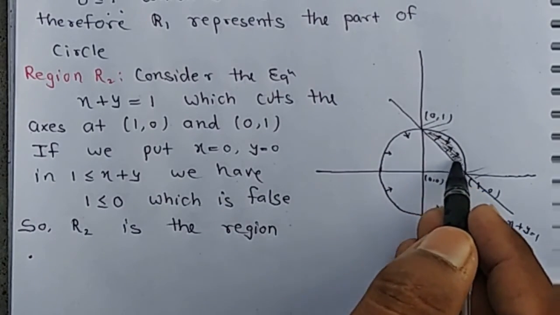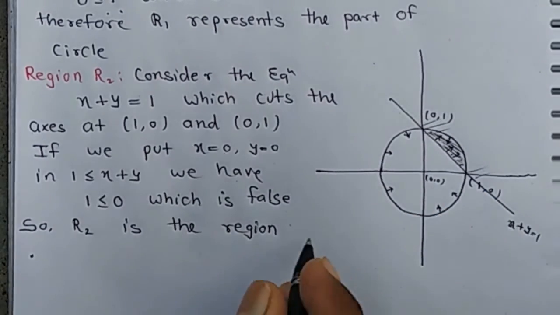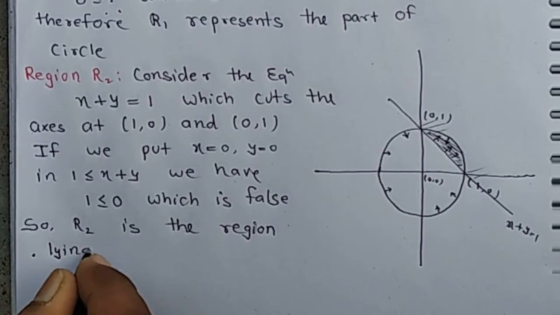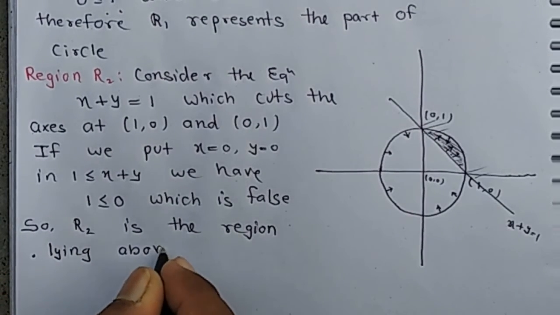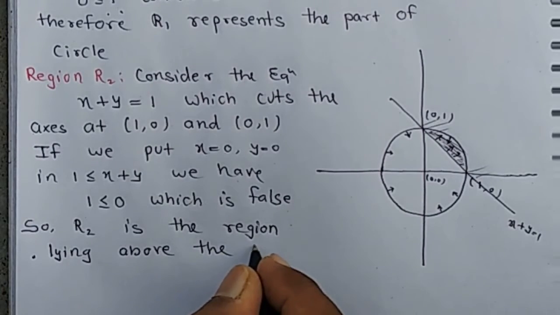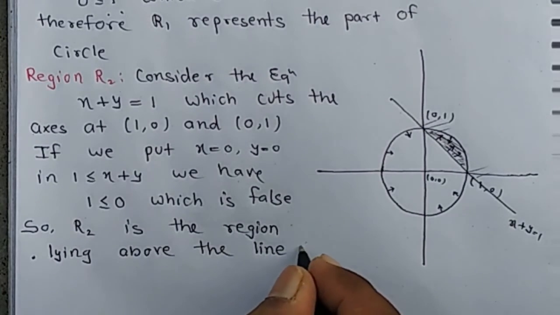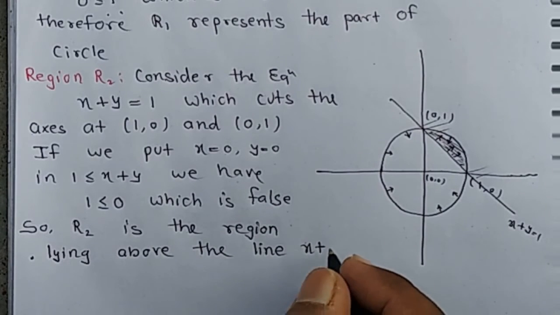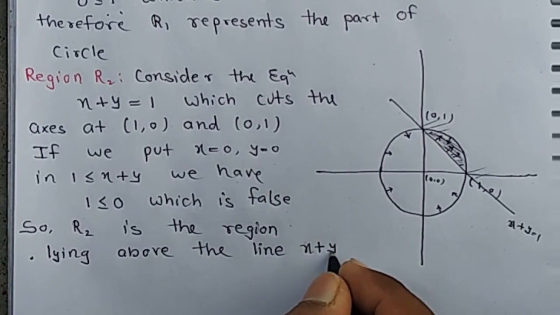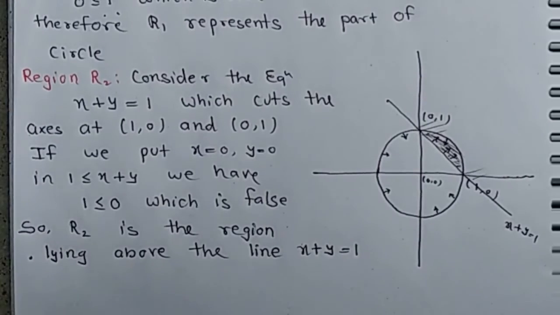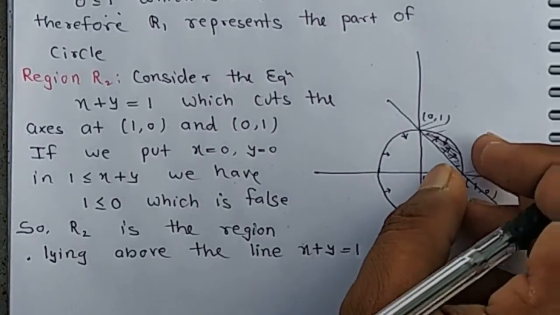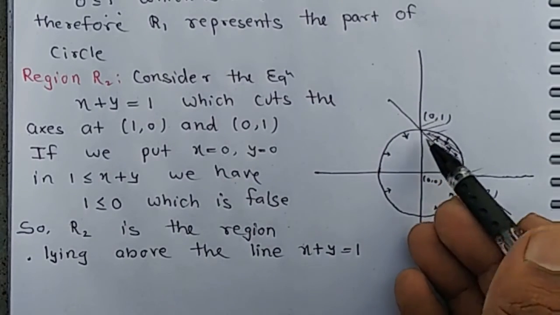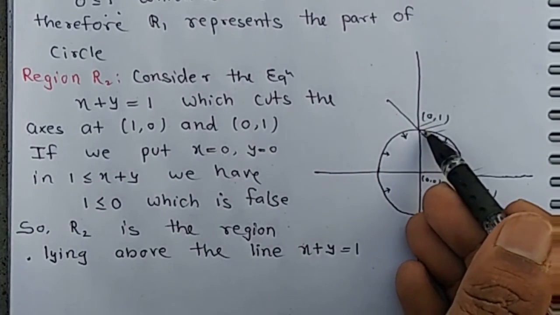And it is the common region. Now we have to find this common region. We have intersection points (1, 0) and (0, 1).